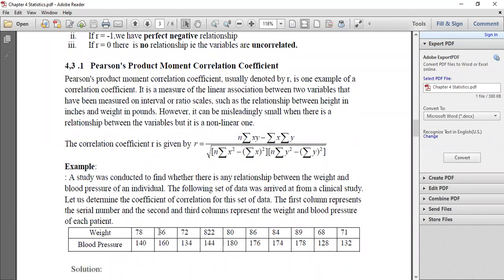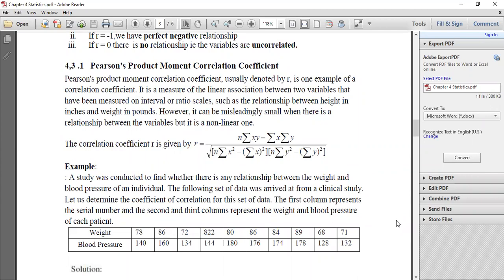You take the weight of the next person, again you record the blood pressure, and so on. You have 10 people, you are recording their weight and their blood pressure. So we want to establish whether there is any relationship between these two variables, the weight and blood pressure.